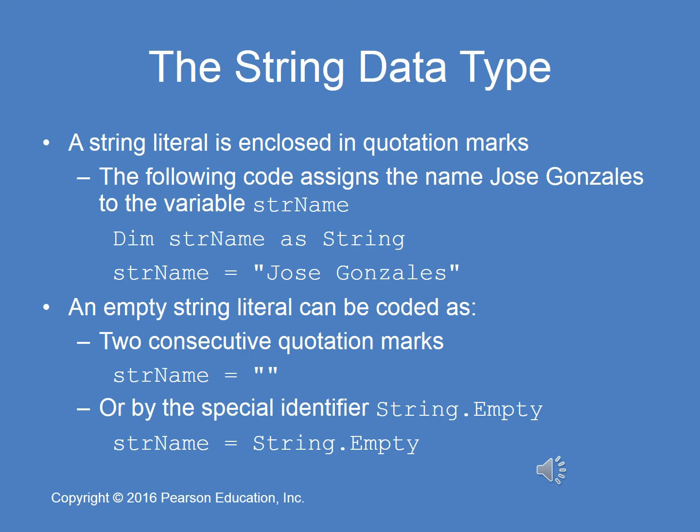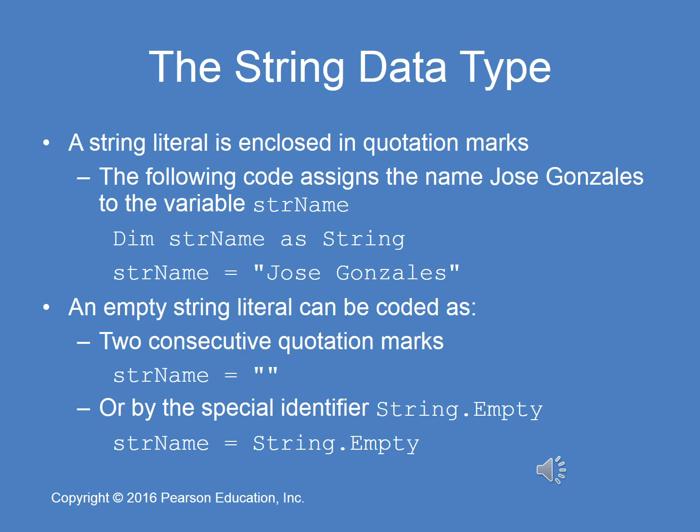Then, in the second line of code, we are initializing the string name variable, using the assignment operator to assign the string Jose Gonzalez to the variable. So now, after those 2 lines of code, we have set aside a location in memory to hold a string, and we've stored a string in that variable location.